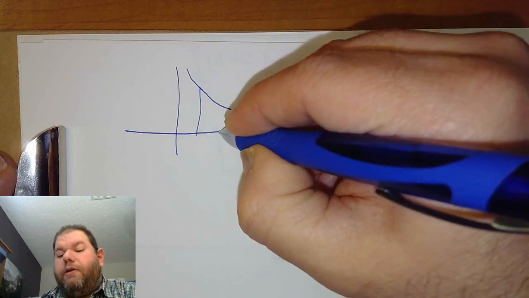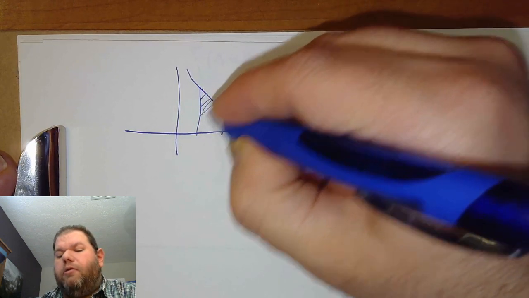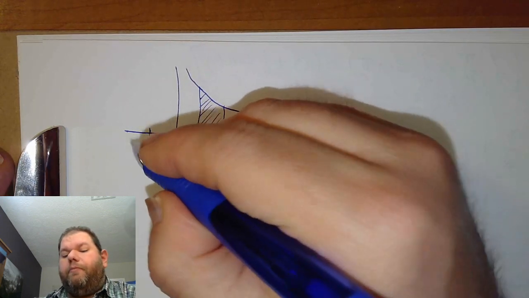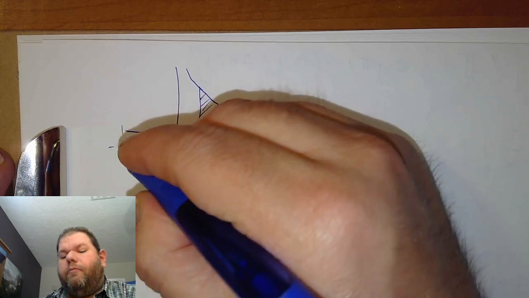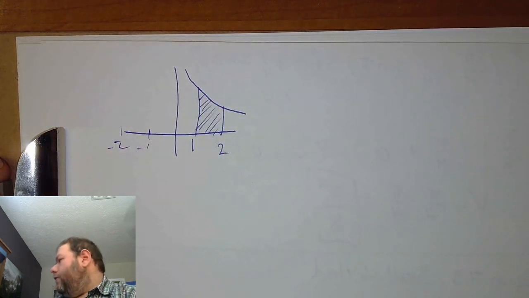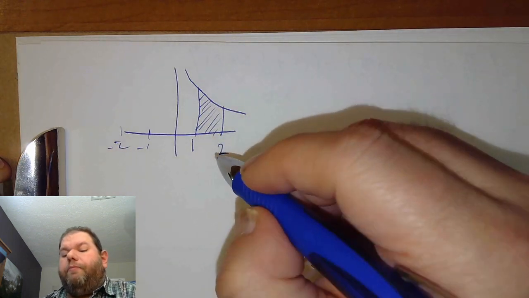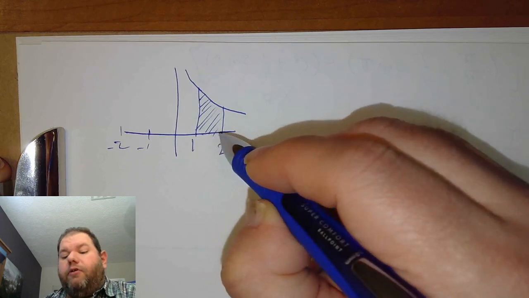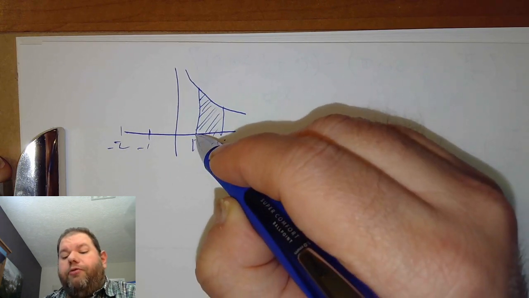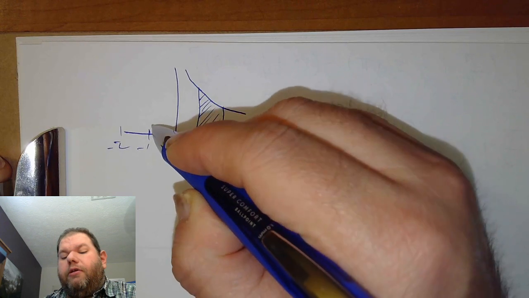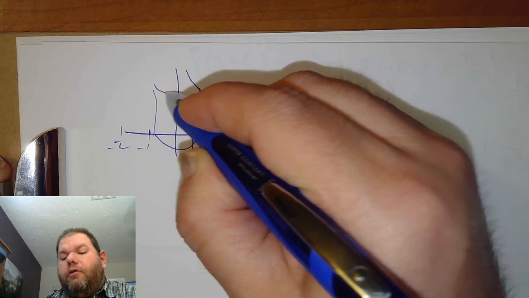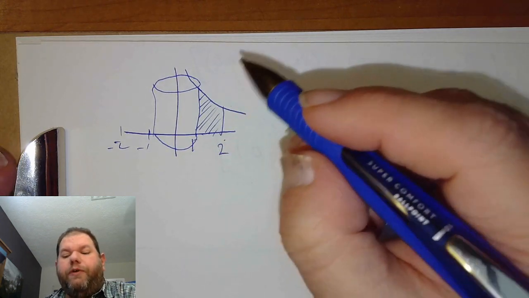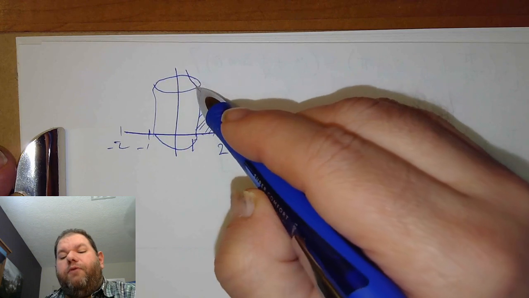So here's our shape again. And so what happens now is that each x value here, from 1 to 2, we're creating a different cylinder. We call it a cylindrical shell. Basically, we don't want the inside filled in.